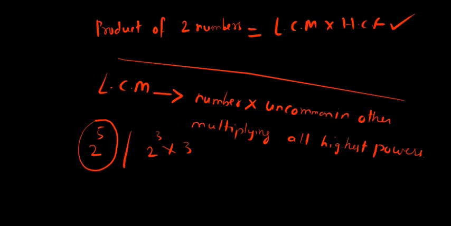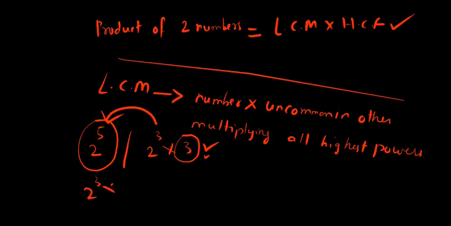Okay, next. Why we take highest power here? 3 also will come. Why? Because as there is no common thing here, 3 will be only 1, right? So it will be highest actually. So to cover this uncommon thing, we use totally this highest power idea. Such that if we take the highest power in common thing, it covers the common thing and the uncommon thing.